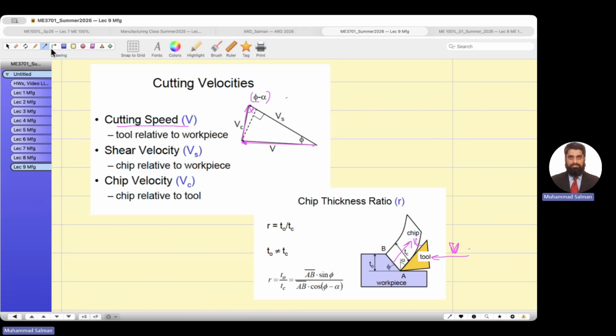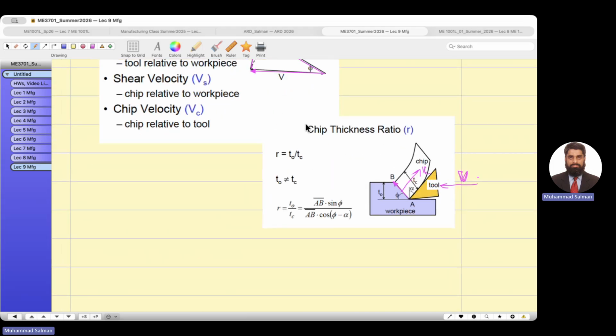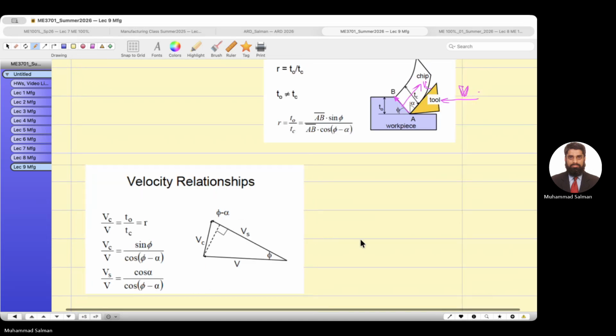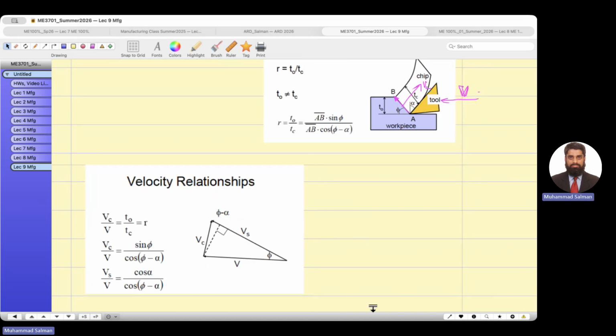And this is the VS, the shear velocity. The cutting is happening in this direction. You are pushing it upward. And there are certain relationships. So how do you get this?